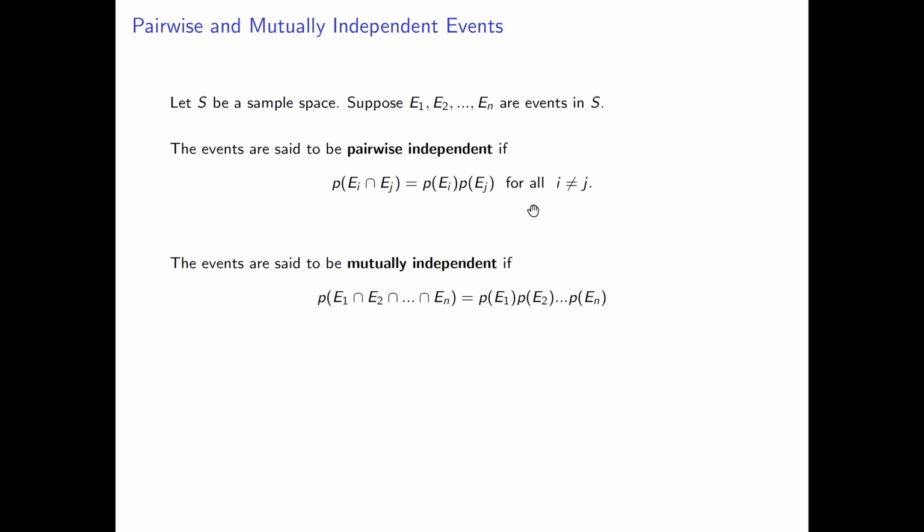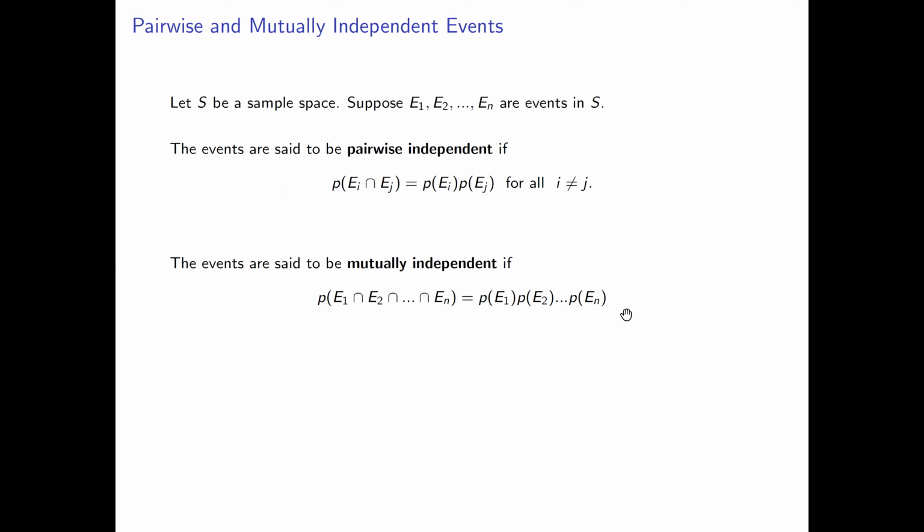And so there's another notion which is a stronger notion of independence, which is called mutual independence. This is a little bit more complicated. The events are said to be mutually independent if, when I look at the probability of the intersection of all of them, E1 intersect E2, et cetera, up to En, then that splits as the probability of E1 times the probability of E2, and so on up until you hit the probability of En.